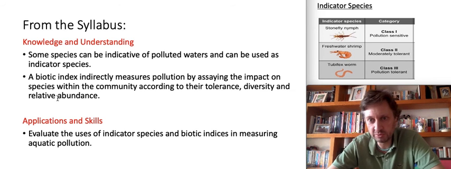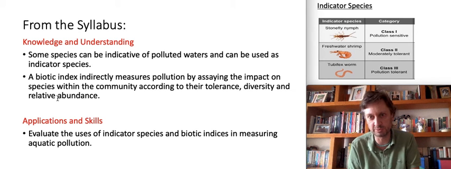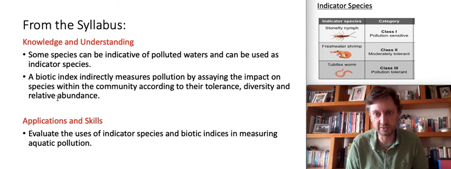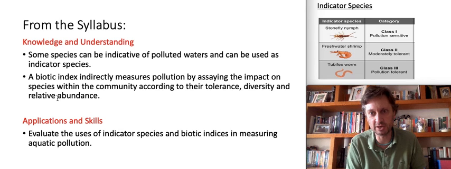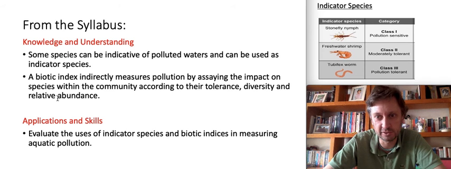So therefore, when you're doing a biotic index, you're not just looking at which species are there and which species are not. You're looking at the biodiversity within your ecosystem, and you're testing against how tolerant those species are of pollution, how diverse they are, and how many there are in individual numbers as well.